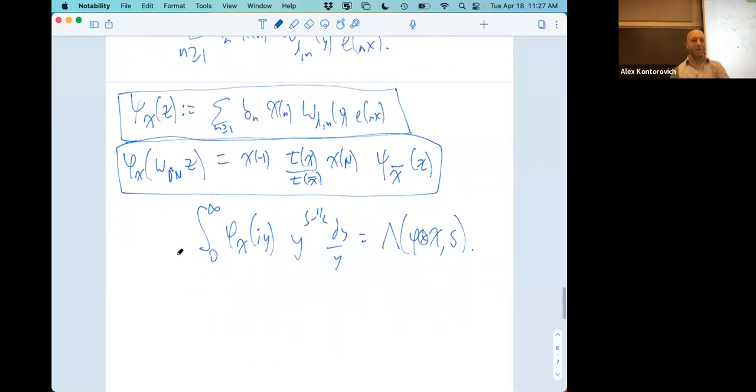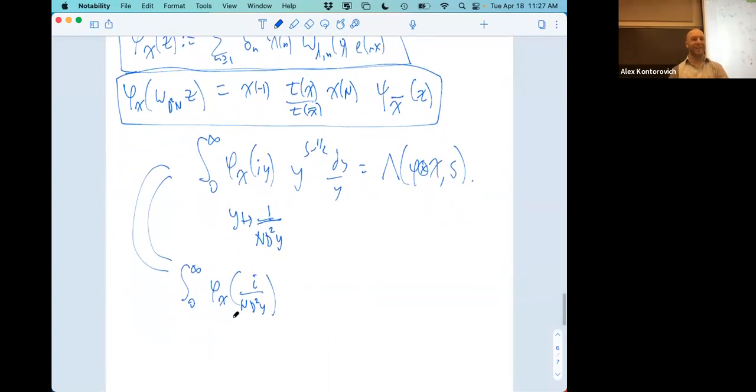Now I'll make a change of variables. I'll replace y by 1 over n d squared y. This integral is the same as the integral from 0 to infinity psi chi of i over n d squared y, which is the action, which is exactly the w d squared n z. The y to the s minus a half turns into a y to the half minus s dy over y.